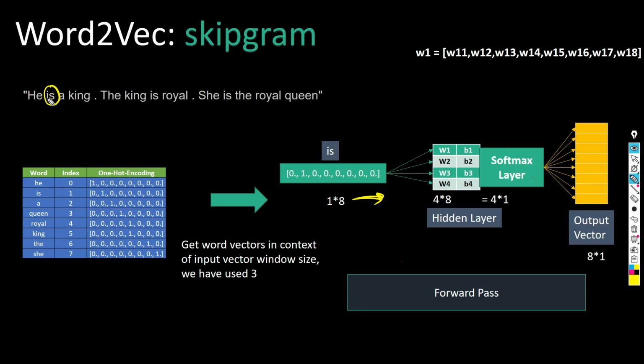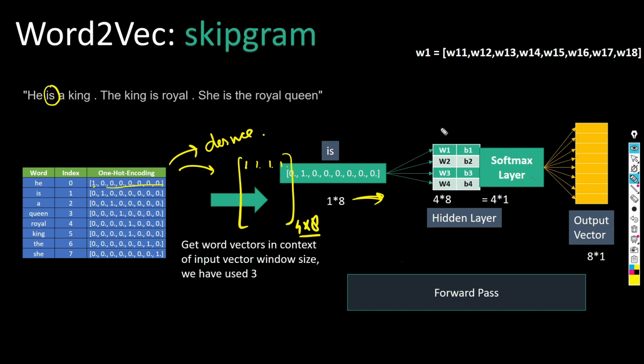The purpose of doing this is to reduce the dimension or create a dense embedding for your word, because this is a sparse embedding, where you have one and then all zeros. But once you convert to a smaller dimension space like a 4 cross 8 matrix, it will be a dense vector. You will have some values for all these columns, and you can fix the number of dimensions that you want to achieve.